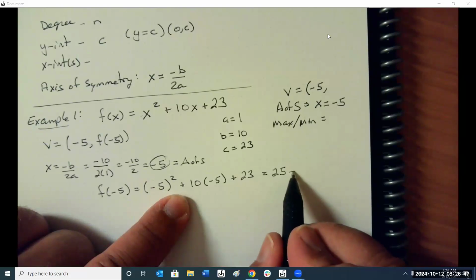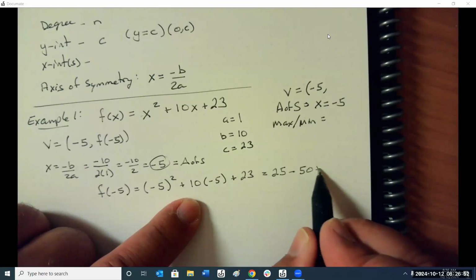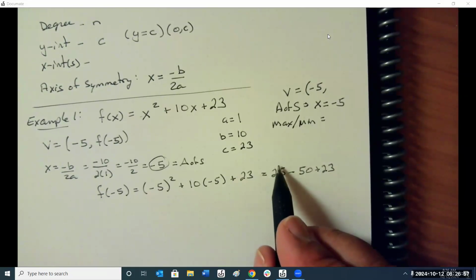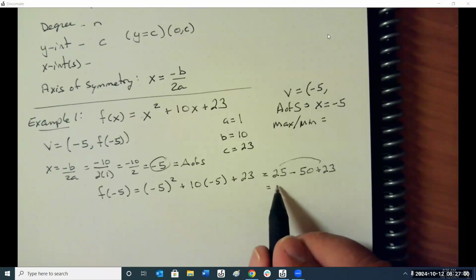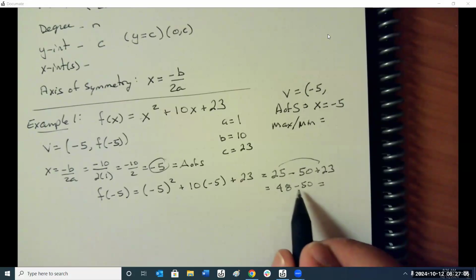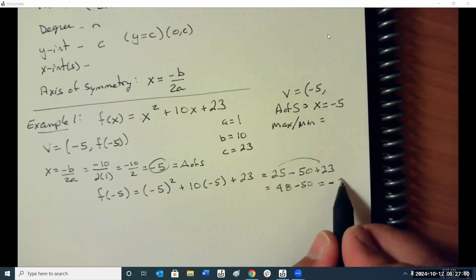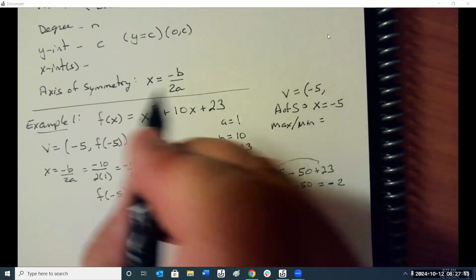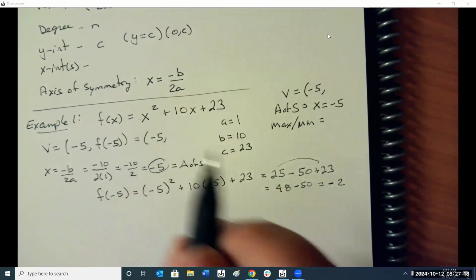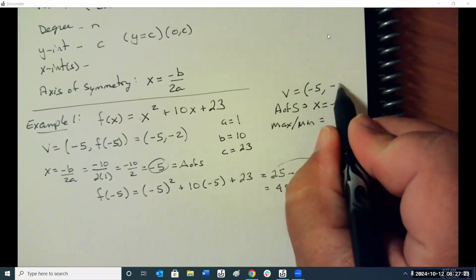Positive times negative is negative. 10 times 5 is 50. Plus 23. 25 plus 23 is 48. 48 is positive, 50 is negative, so the answer is negative. 50 minus 48 is 2. So our vertex is at (-5, -2).